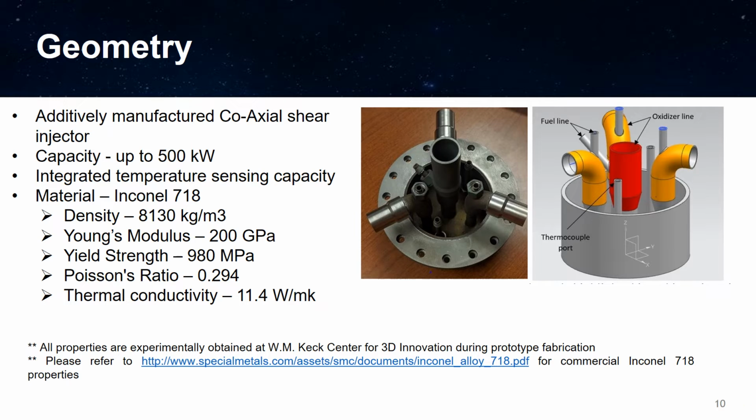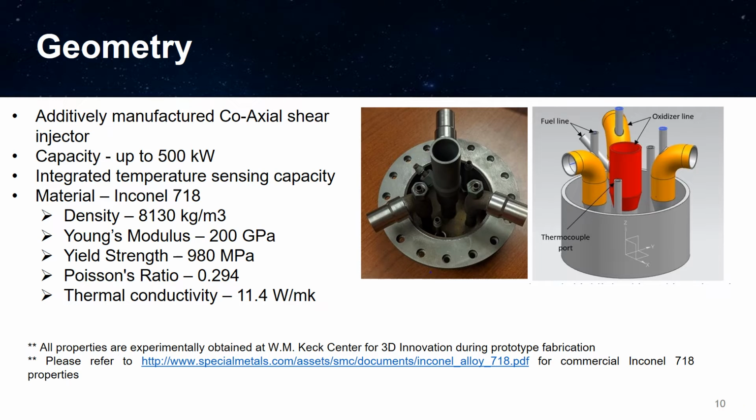All the structural properties have been experimentally obtained at the WM Keck Center for 3D Innovation at UTEP during the fabrication of this injector. But you could also look up the commercial Inconel 718 properties from different manufacturers as well.